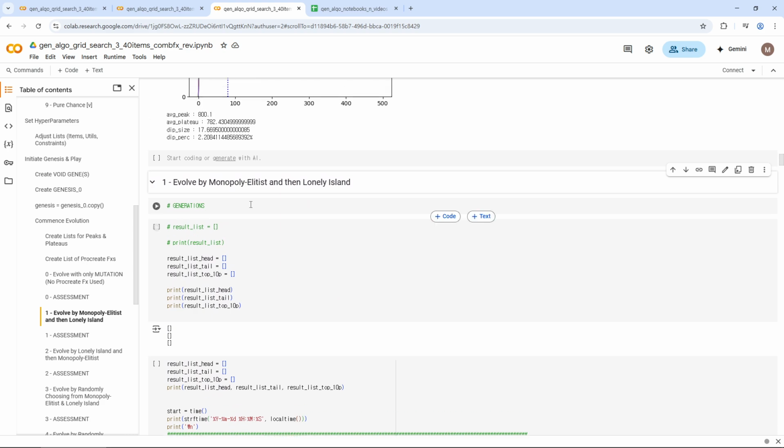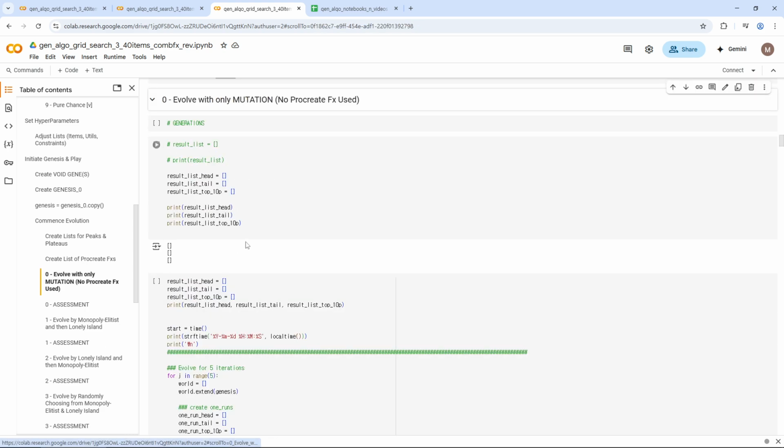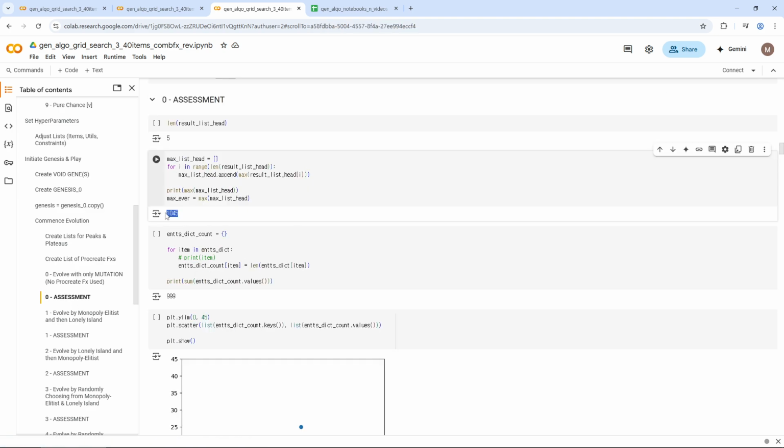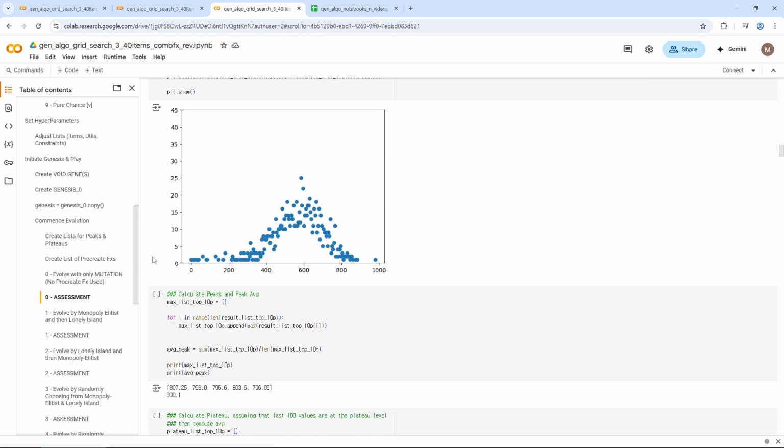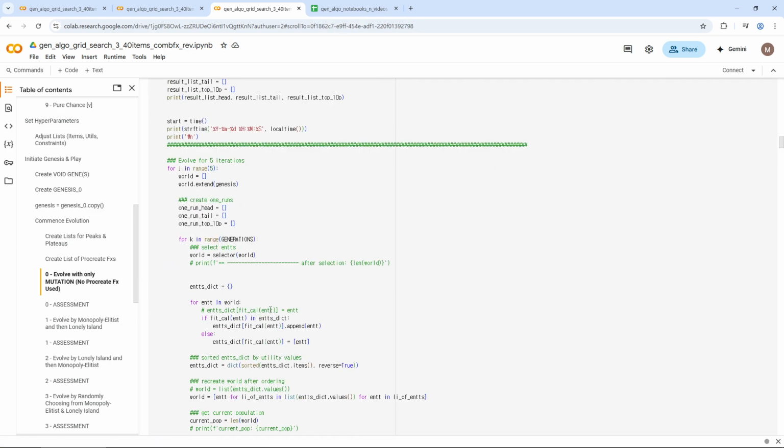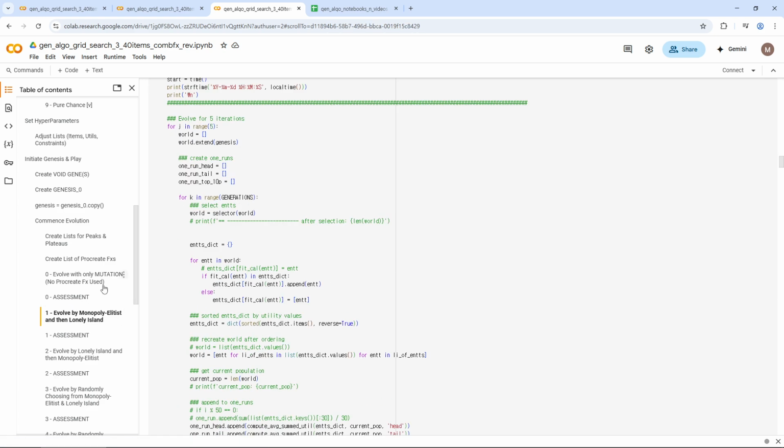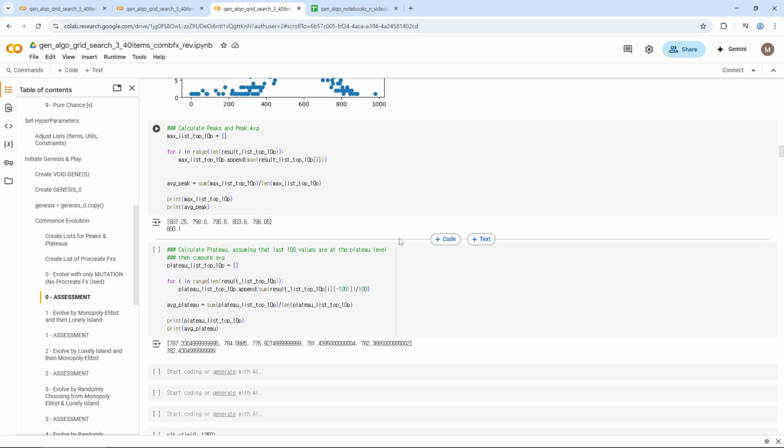So it doesn't look that bad, but when we look here, 1045, and this is the distribution of the entities after the last iteration of the evolution. I evolve it 5 times per one of these steps, and here are the top lists, and the average peak is 800, and the average plateau level is 782.